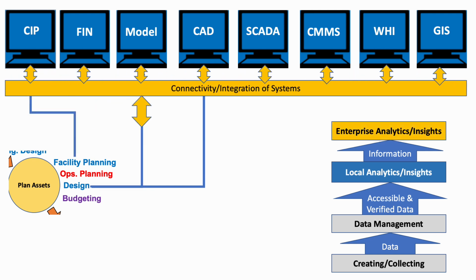For this example, if engineering facility planning and engineering design also have access to data from other systems, such as historical operational data from SCADA, history of work orders from the CMMS, budget information from finance, analytics can be performed using all that diverse data and on the enterprise level.